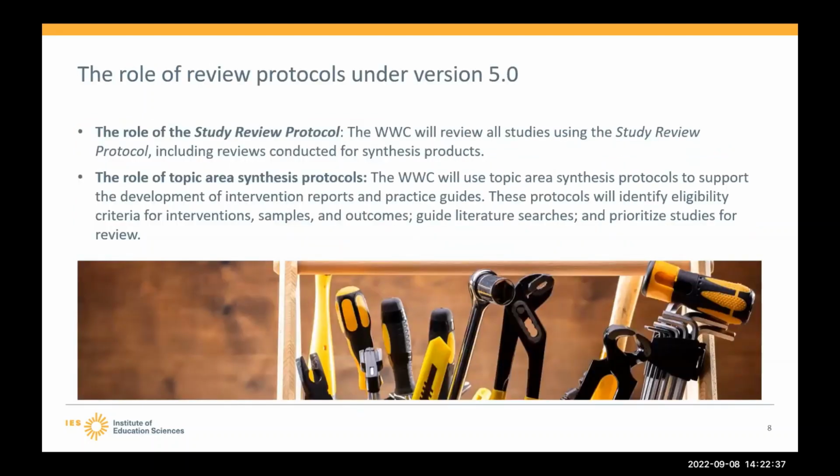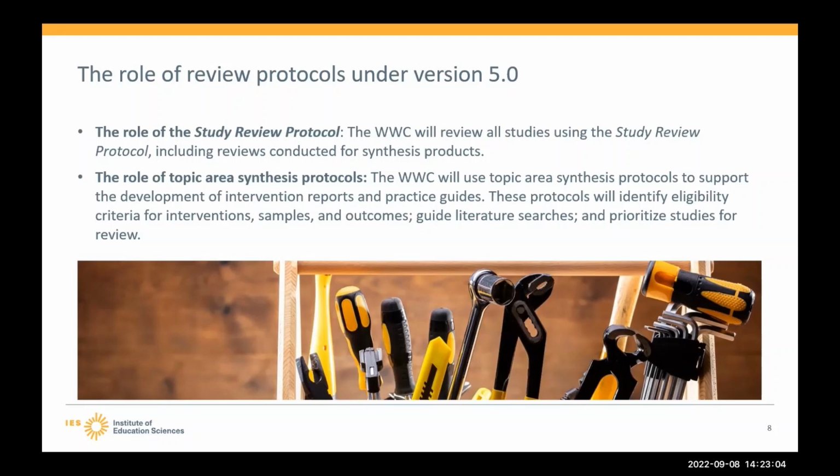I imagine that most, if not all of you here today, are familiar with the WWC review protocols. Under 5.0, the WWC will use the study review protocol as an umbrella protocol to review all studies, individual and those studies that are being reviewed for a specific WWC product, for instance, a practice guide.